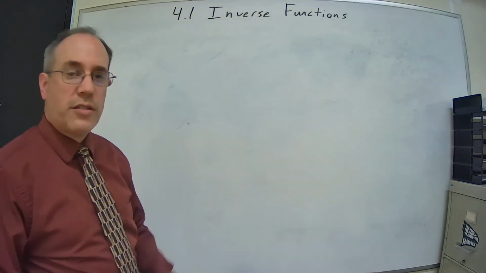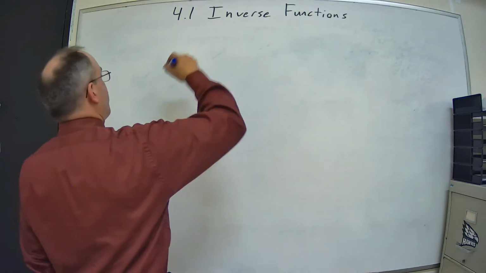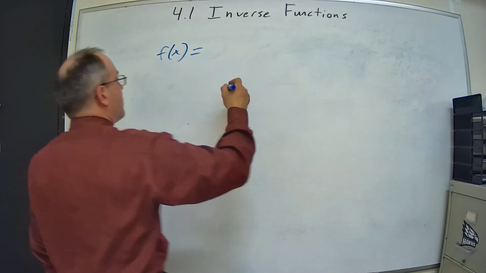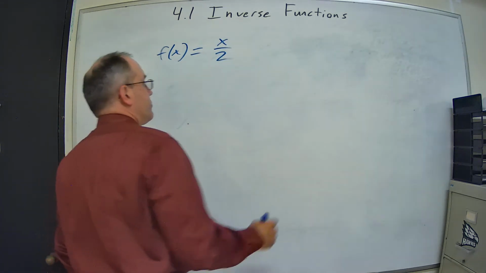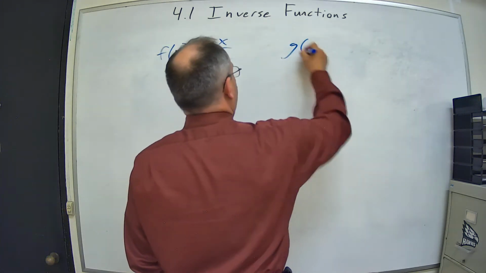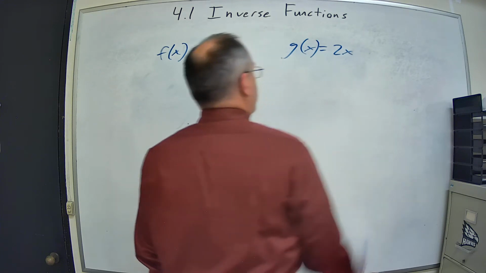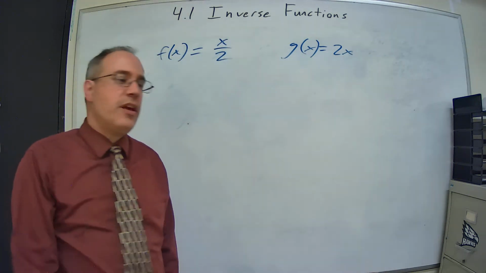So let's look at some functions and see if they're inverses. f of x is equal to x over 2, and g of x is equal to 2x. Now, from what I just said, you should go, those are inverses, Mr. Davis. Well, of course they are.